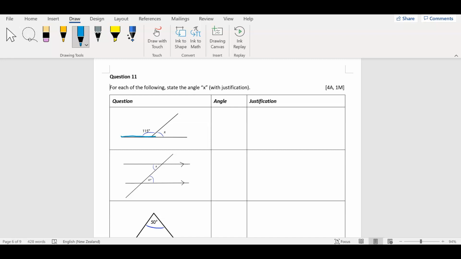So we've got a straight line going here, and the angle chops it up into 2 parts. And we know the angles on a line sum to 180. So forming an algebraic equation, x plus 115 equals 180. We then subtract 115 from both sides, which means x is equal to 65 degrees.